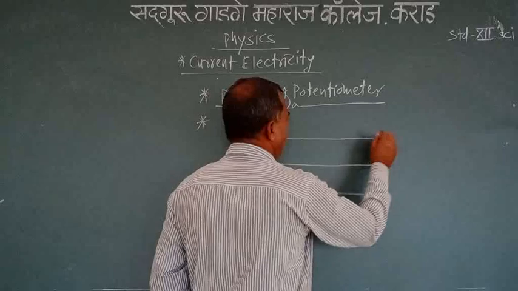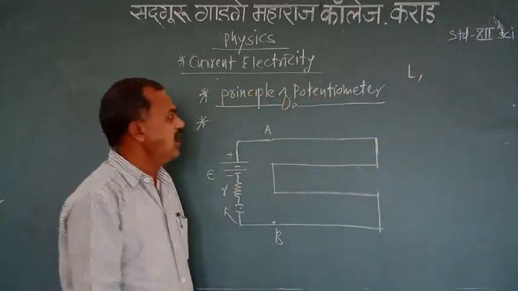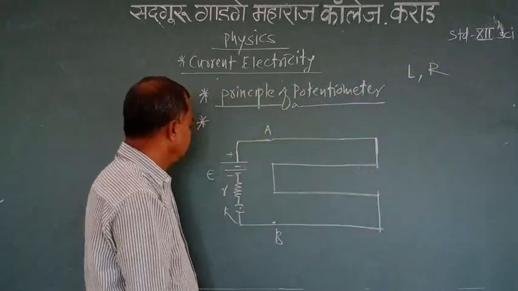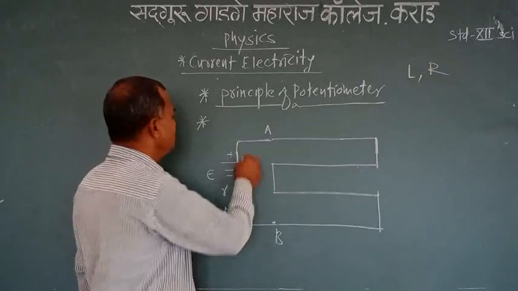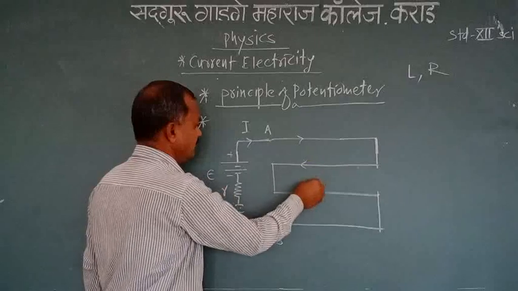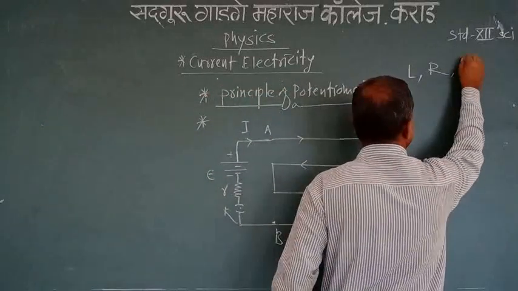Suppose L is the length of the wire and R is the resistance of the wire. When the key is closed, a steady current flows in the circuit like this. Suppose I is the steady current flowing through the circuit.